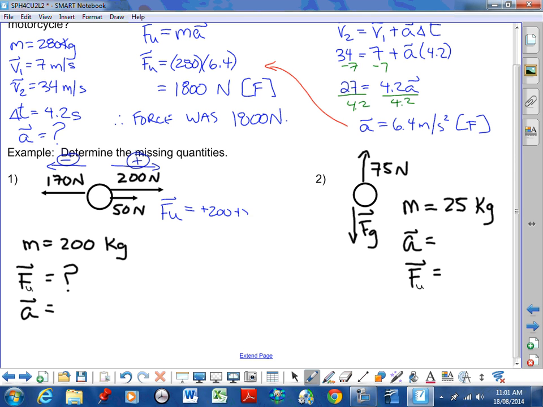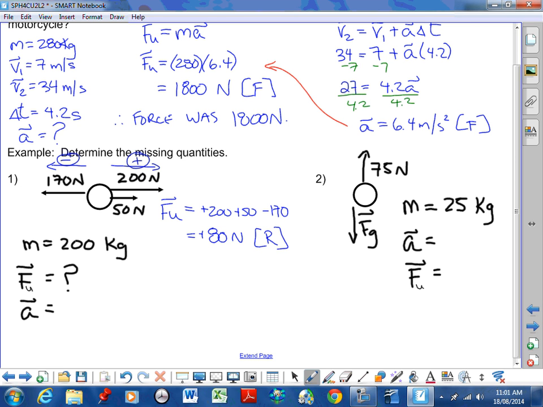The 50 is positive, and the 170 will be negative because it's heading to the left. So we can just add it up and remember which direction's which. That gives me about 80 newtons, and it's a positive answer, so that means it is to the right.